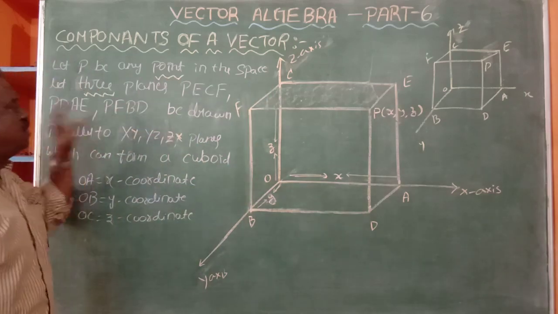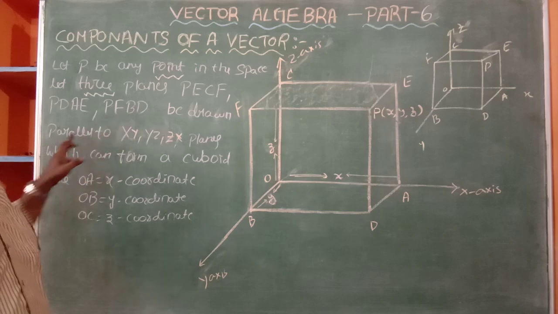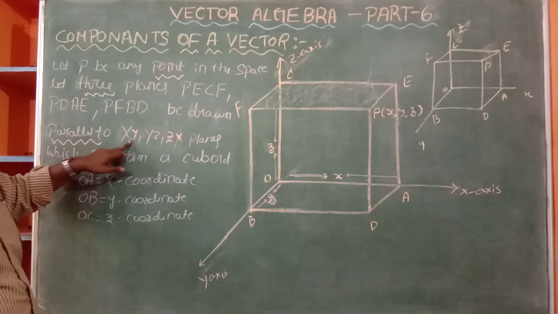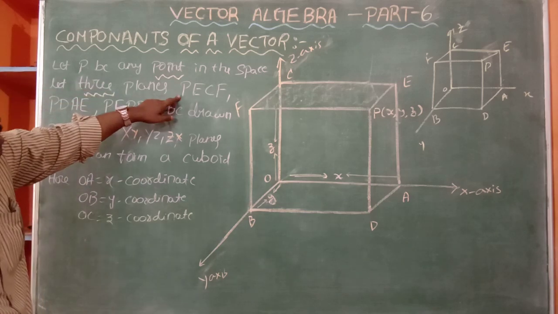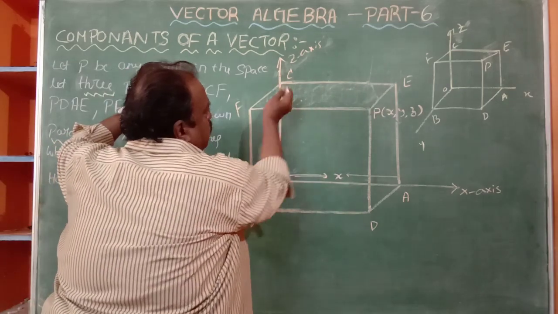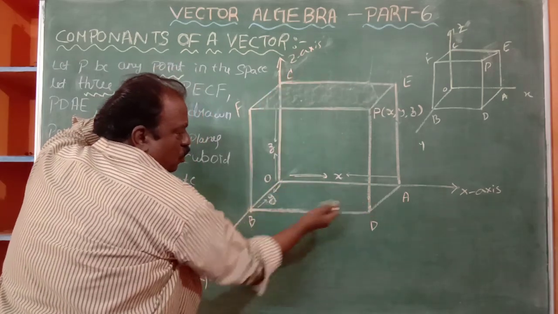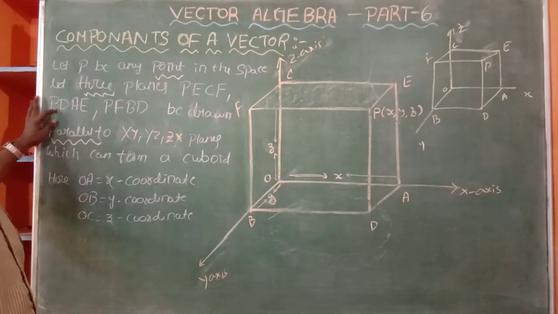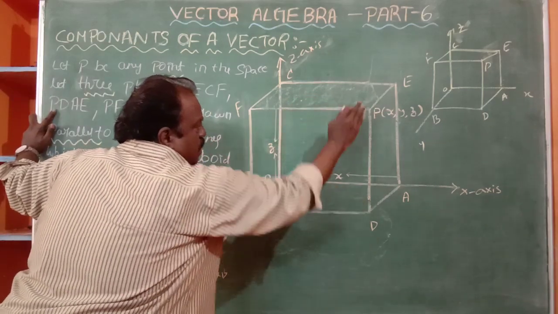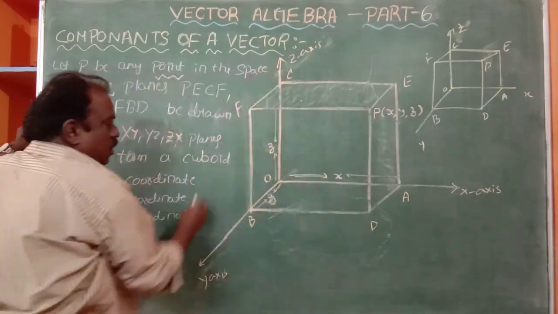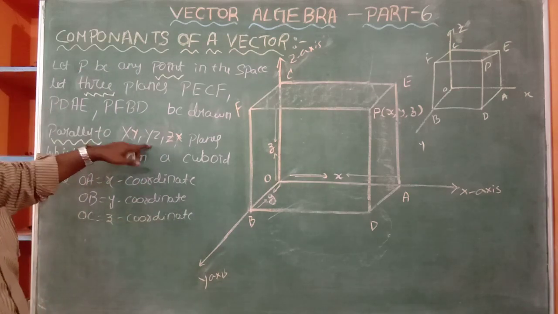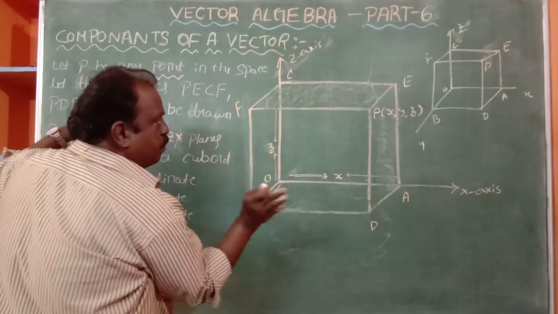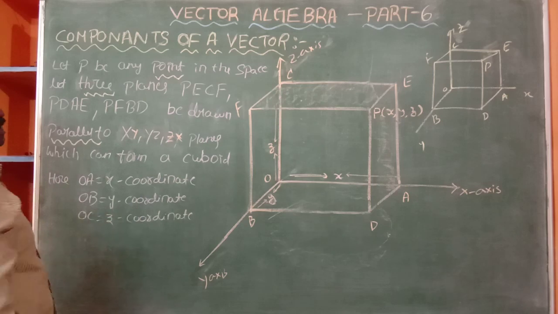These 3 planes are parallel to the coordinate planes. PECF is the top, parallel to the XY plane. Now PDAE, this one, is parallel to the YZ plane. Next PFBD, our side, is parallel to the XZ or ZX plane.